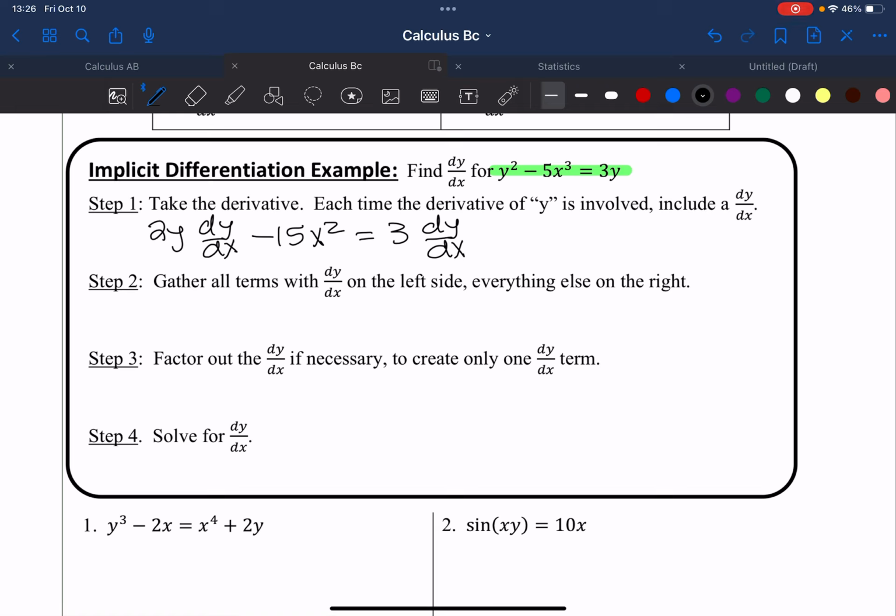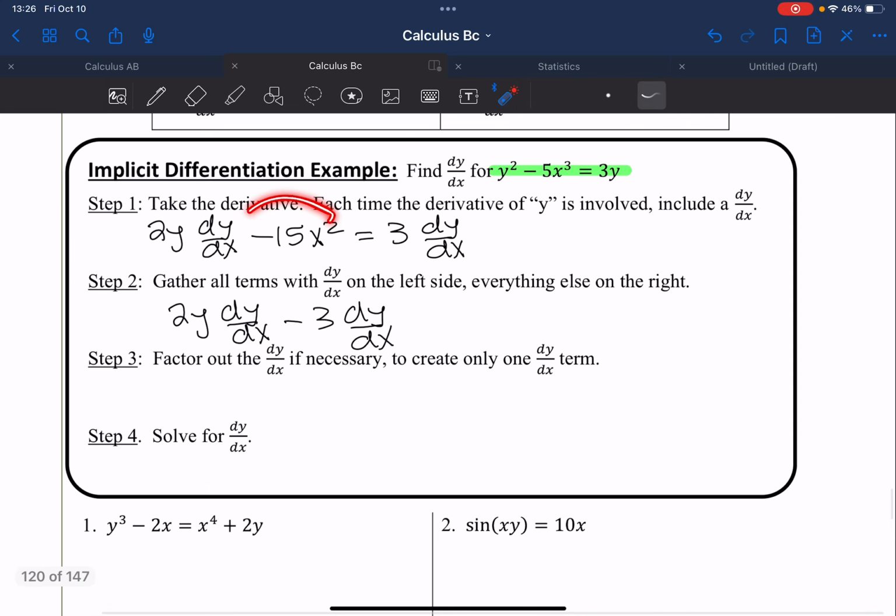Then we need to make sure that all the dy/dx's are on the same side. So I have 2y dy/dx. I'm going to subtract this one over, so minus 3 dy/dx. And then I'm going to add this one over, equals 15x squared.